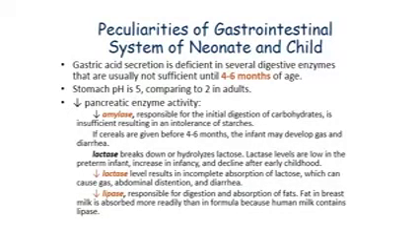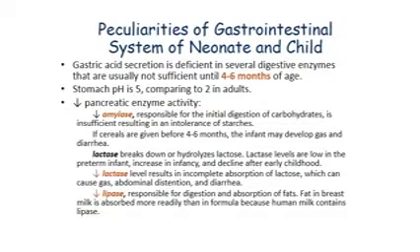Other peculiarities of the gastrointestinal system in the neonate and infants is that the gastric acid secretion is deficient in several digestive enzymes that are usually not sufficient until the age of 4 to 6 months.